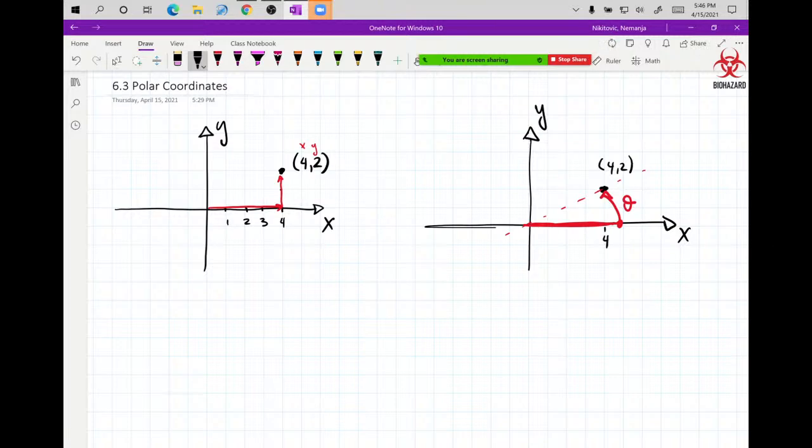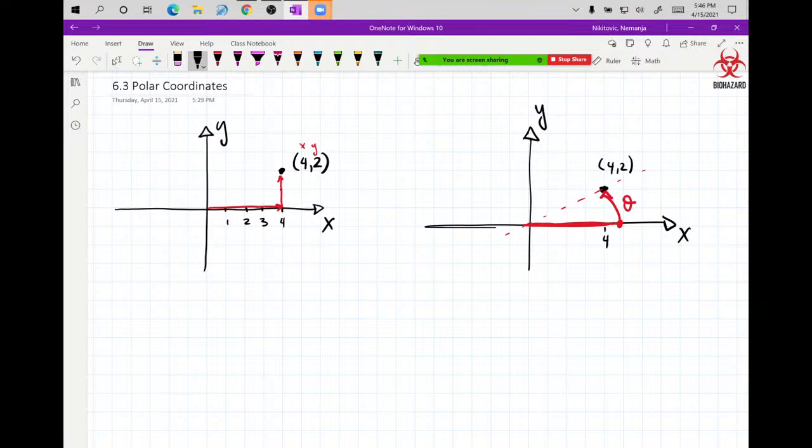So in the first case, I was counting all the way to 4, counted 2 units up, and we were good to go. But on the right-hand side, we actually went past 4, and then we swung to the left, counterclockwise, and we get to the same location.